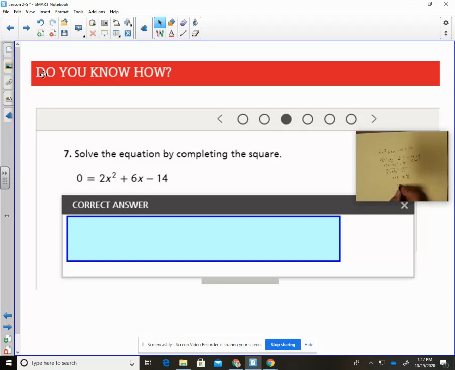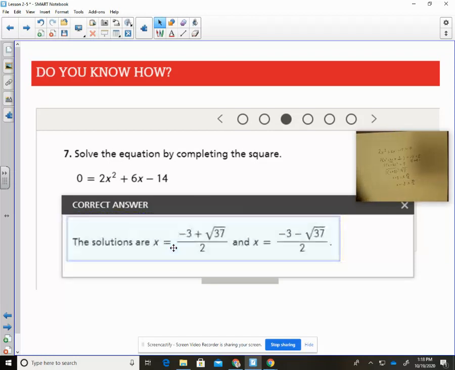And then that gives me x equals minus 3 halves plus or minus the square root of 37 over 2. Okay, hopefully we got that right. Now again, you could have gone ahead and factored out the 2 if you wanted. That's fine. You got the same answer.